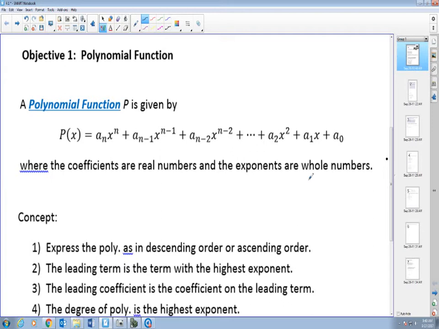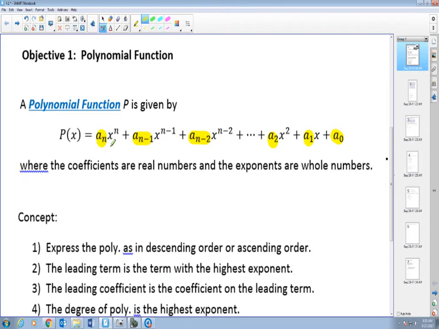So when we have a polynomial function, all the coefficients are real numbers, and all the exponents have to be whole numbers as well. So exactly what are all these a sub n minus 1? Those are your real number coefficients. I use a different subscript just to indicate the different coefficients we can have.